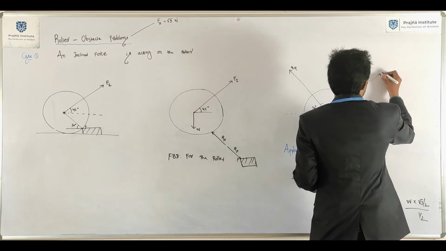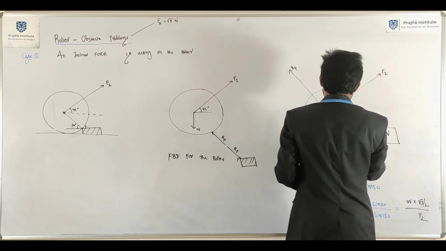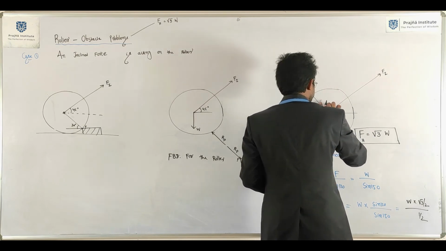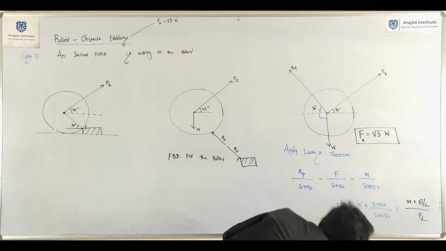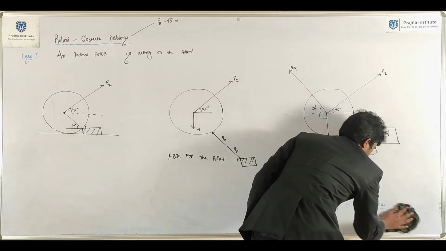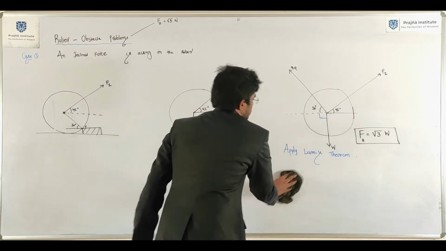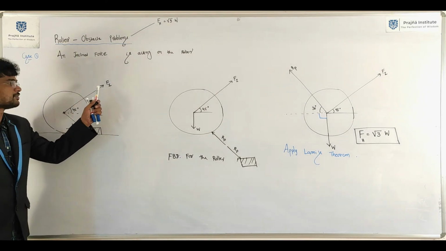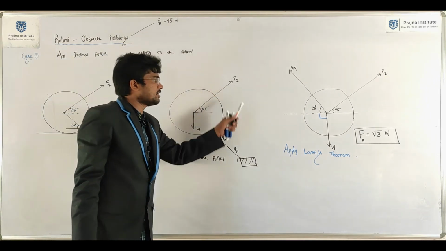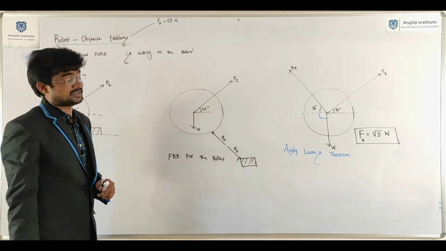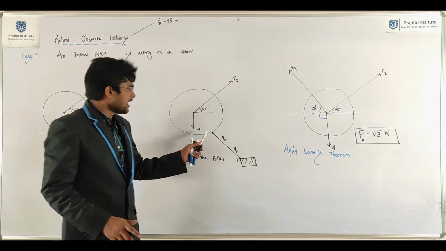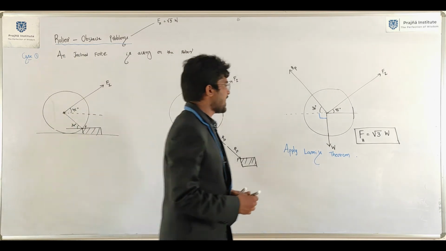Same diagram you will get. Calculations will change, that's it. Understood now? Now I am applying one inclined force, making an angle 45 degrees with the horizontal. Weight always acts vertically downward. At every contact point, two normal reactions will be acting.